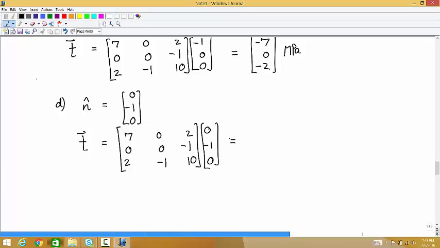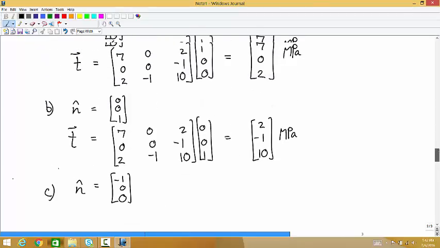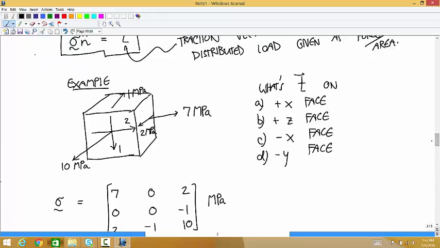And what do you get for this? You get 0, 0, and then negative 1 times negative 1 is positive 1. That has to be equal and opposite to the traction on the positive y face. The positive y face only has a component in the negative z direction of 1. So it's 0, 0, minus 1. So on the negative face, it has to be 0, 0, positive 1. So all those make sense.